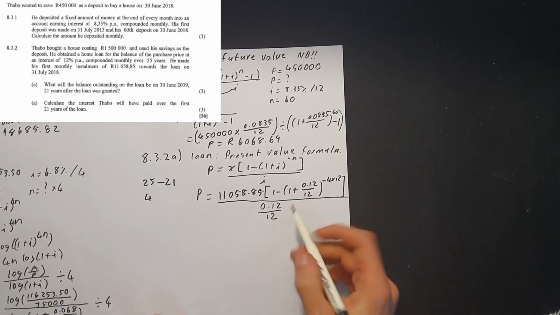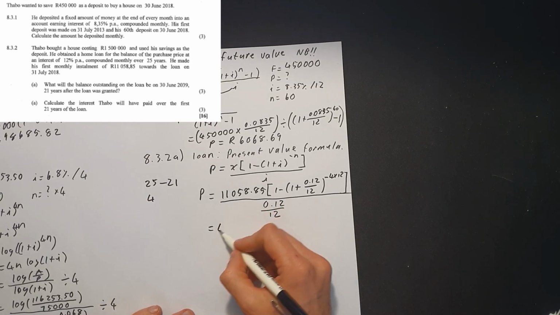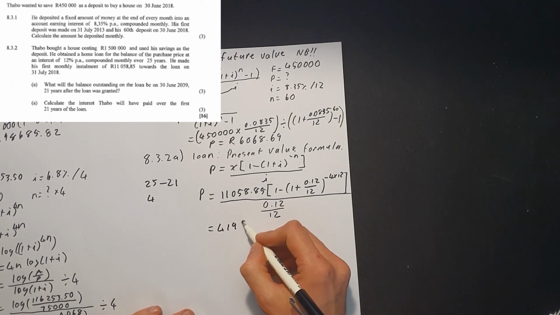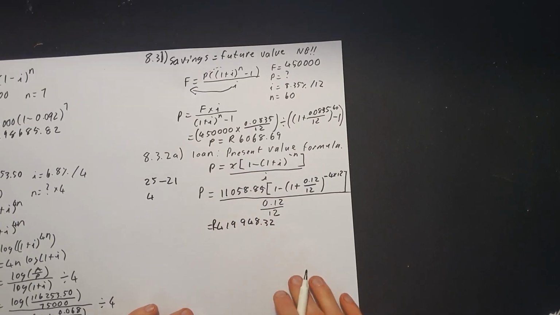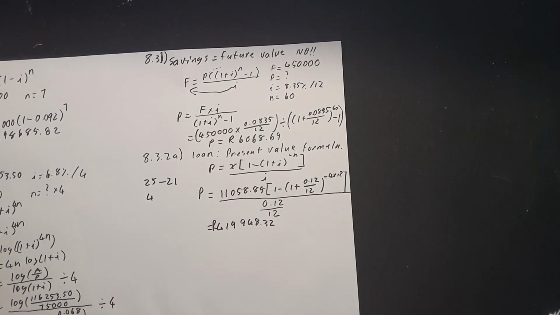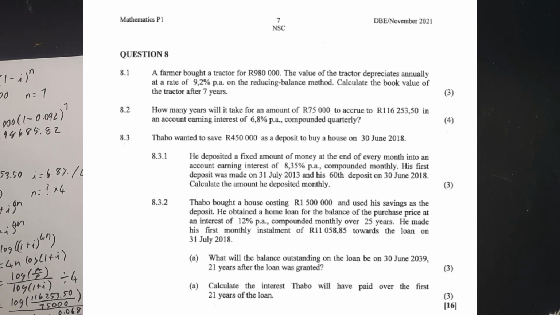Now if you plug all of this into your calculator, you'll get a value of 419,948.32 Rand. So now the next one says calculate the interest Tabo will have to pay over the first 21 years of the loan.